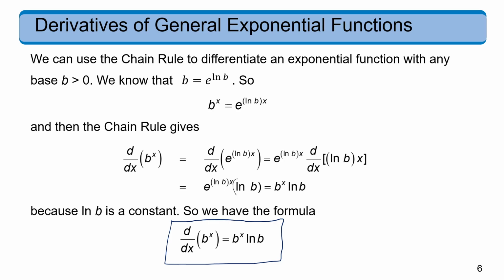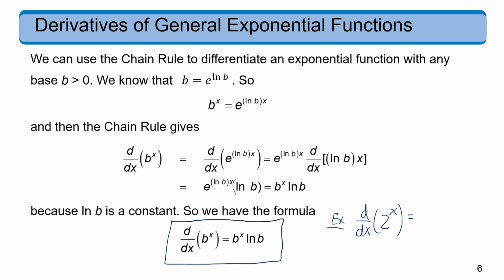So think about just a quick simple examples while we're here. The derivative of 2 to the x. So using that formula, the derivative of b to the x is itself times this other factor, natural log of b, where b is the base.